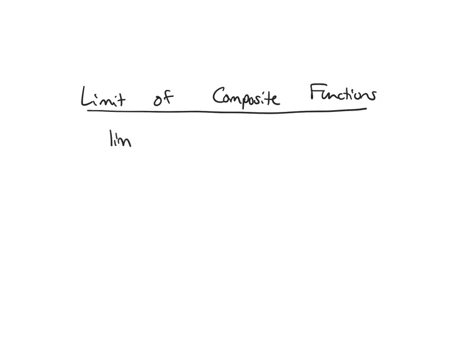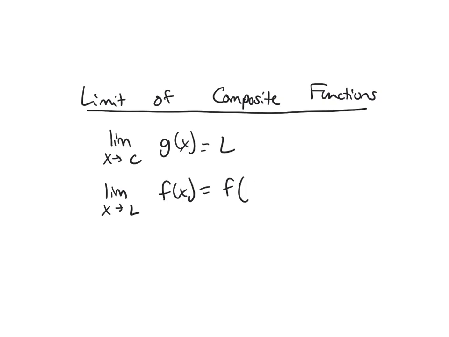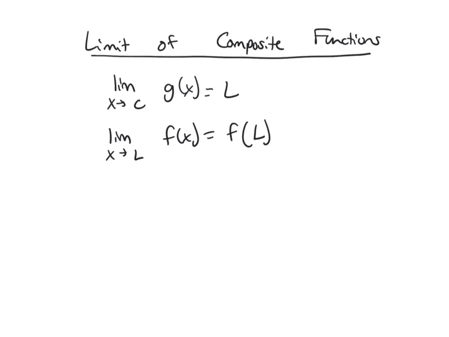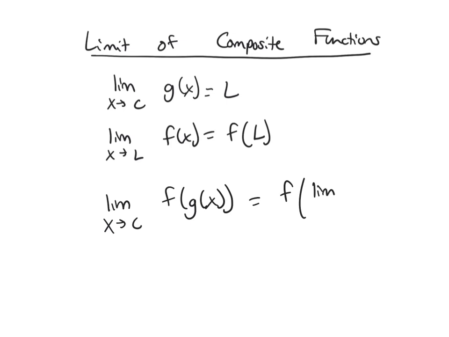If the limit of g as x goes to c is L, and the limit as x goes to L of some other function f is the same thing as f of L, then when I take a composite, f of g of x, you can essentially bypass the outside function and just compute the limit inside, and then plug in the result into the f function.